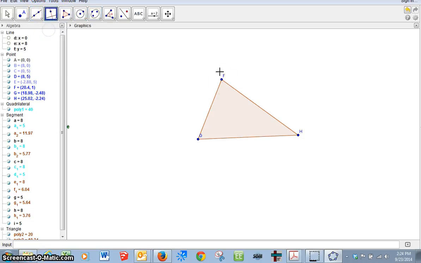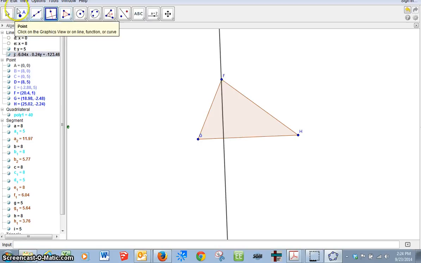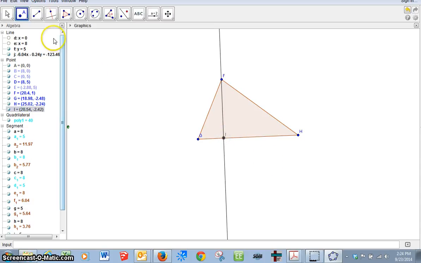Let's look for a perpendicular line through F, perpendicular to GH, and there's our height. Let's create a line segment. First I need an intersection point, so I'm going to highlight these two.